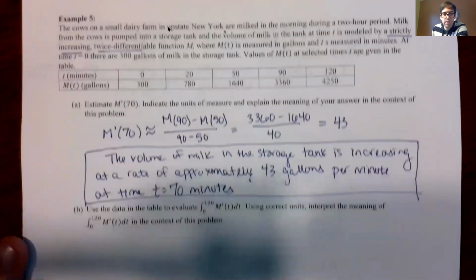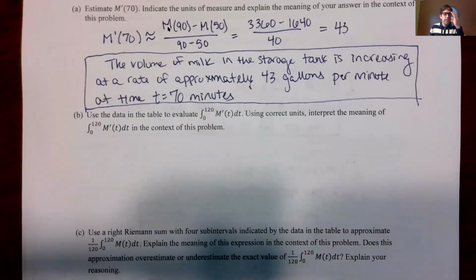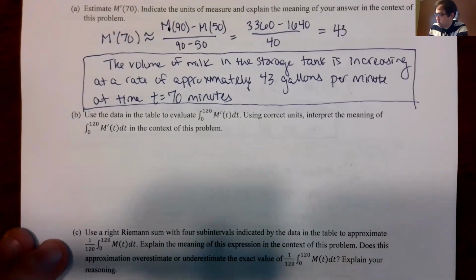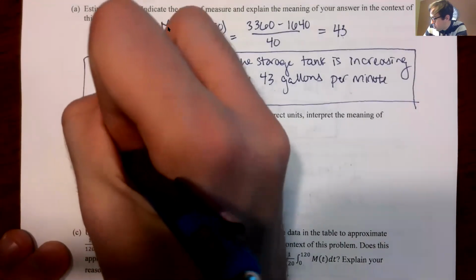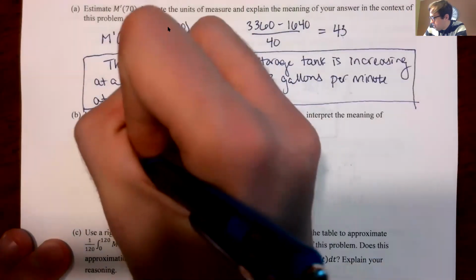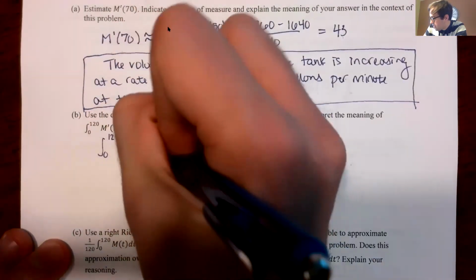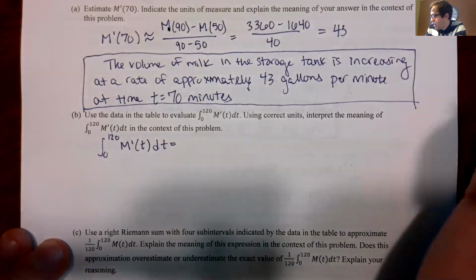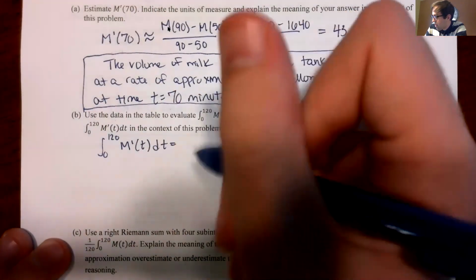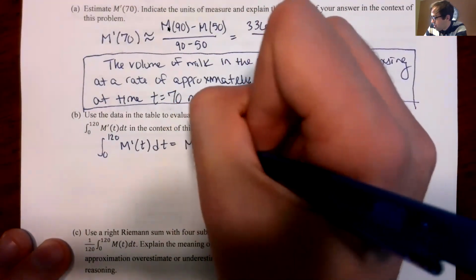All right, letter B. Use the data in the table to evaluate the integral from 0 to 120 of n prime of t dt. All right, so here we go. So we have 0 to 120 n prime of t dt. And we can think about that the integral of n prime is going to be m.